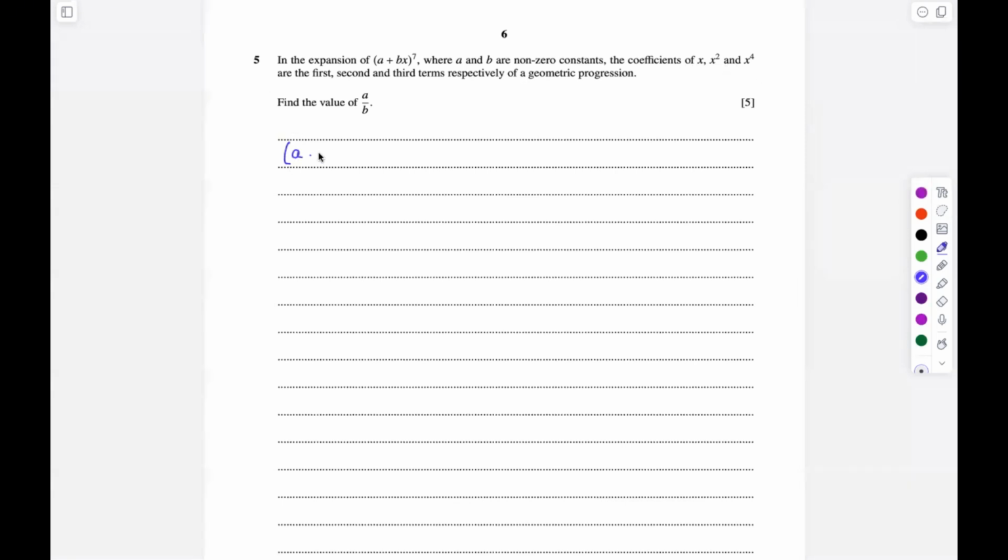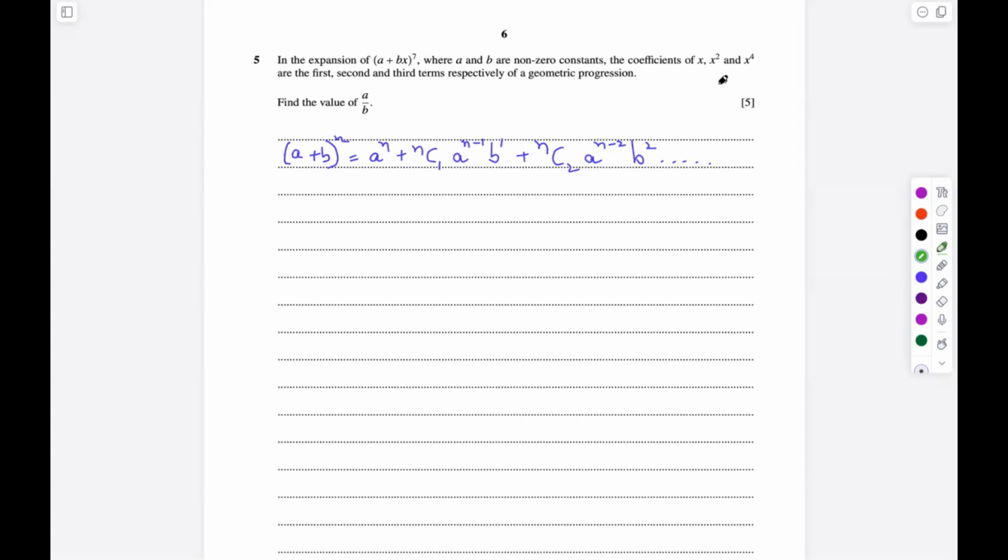We know that the expansion formula for (a + b)^n is a to the power n plus nC1 a to the power n minus 1 and b to the power 1 plus nC2 a to the power n minus 2 and b to the power 2 and so on.